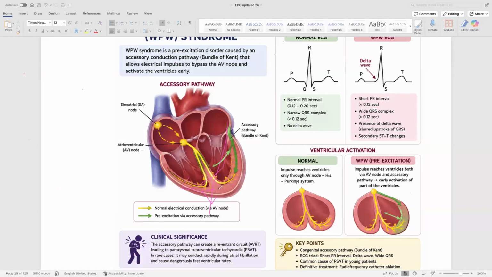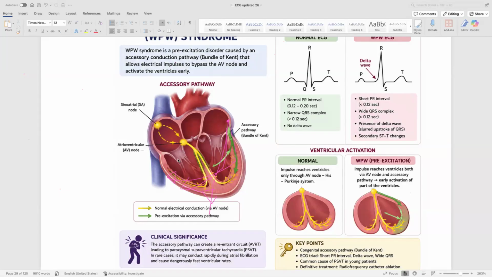So it will be the same, like, you know, if electricity comes instead from the right atrium, from the SA node, it comes from the bundle of Kent to the left ventricle and then to the right ventricle. It will be the same as what? Right bundle branch block.